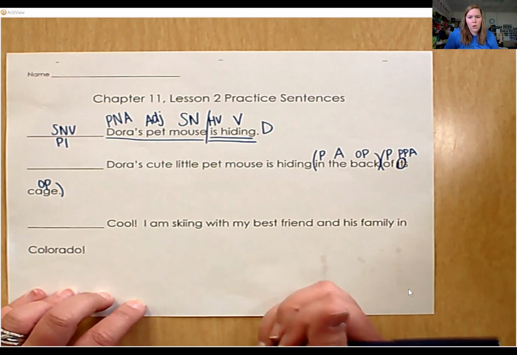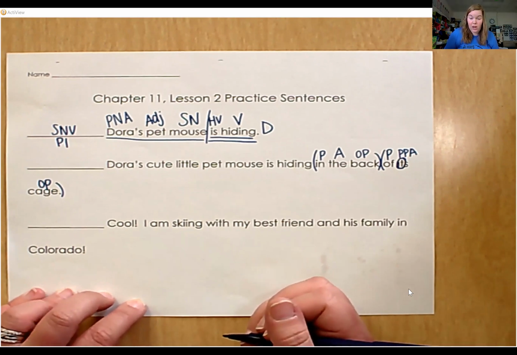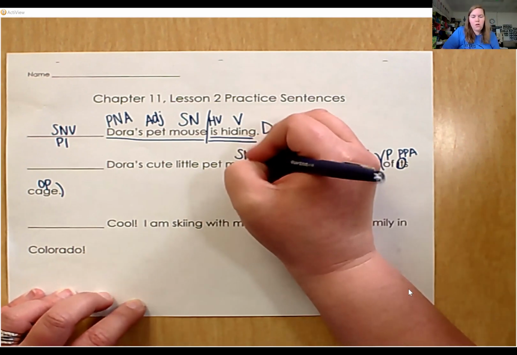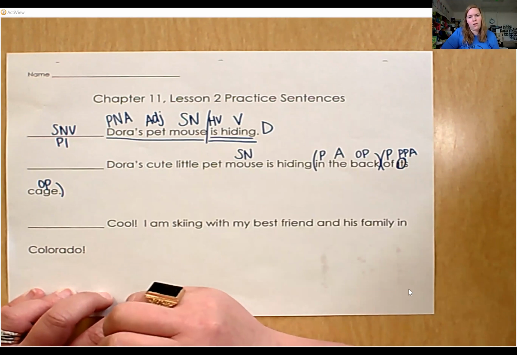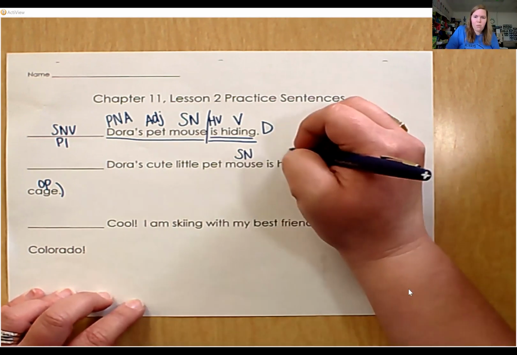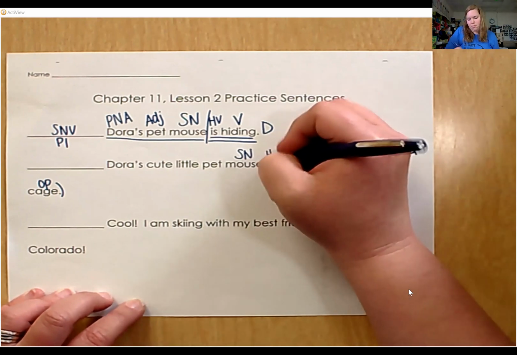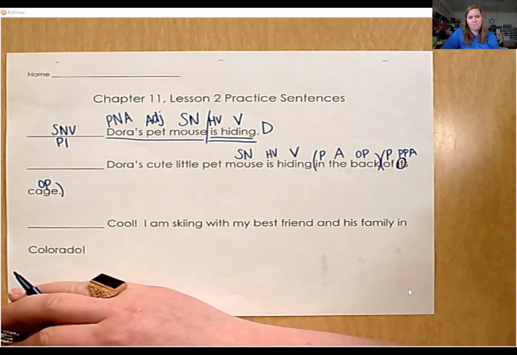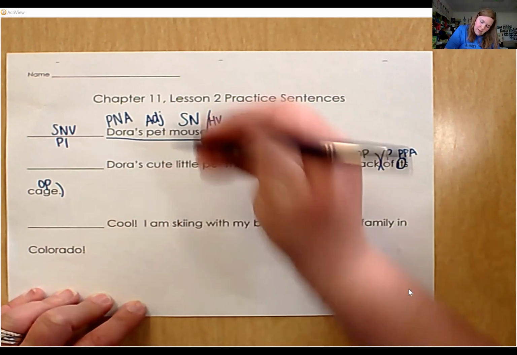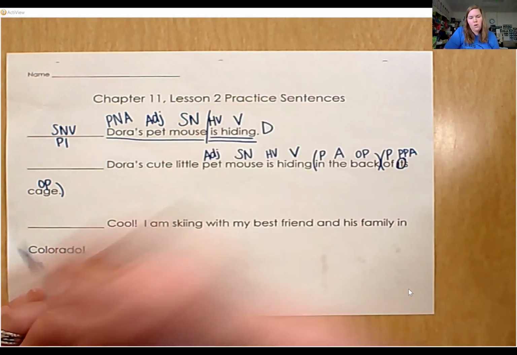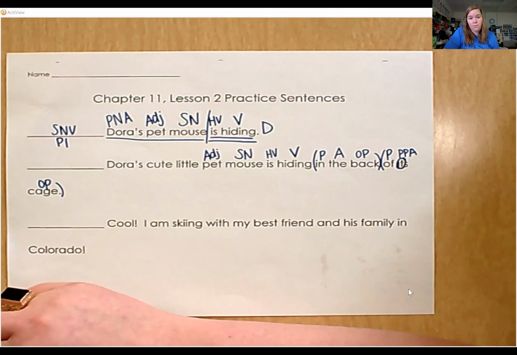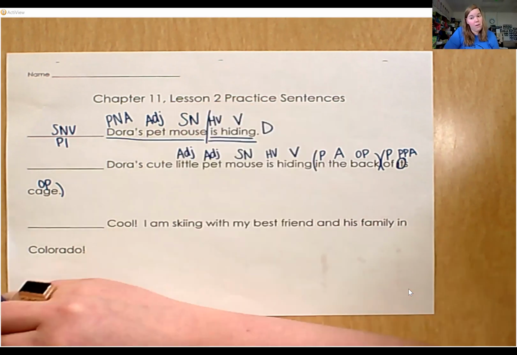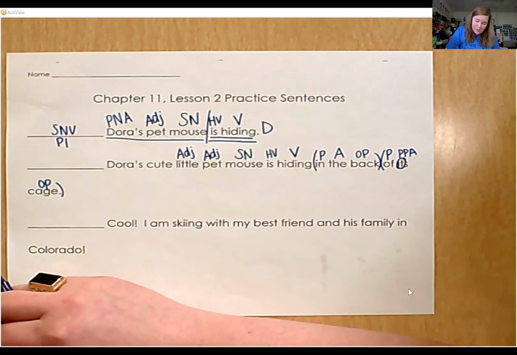Now, who or what is hiding? What is the subject? Mouse. Subject noun. What is the mouse doing? Hiding. Verb is helping verb. Is hiding is the verb phrase. What kind of mouse? Pet. Adjective. What kind of pet mouse? Little. Adjective. What kind of little pet mouse? Cute.